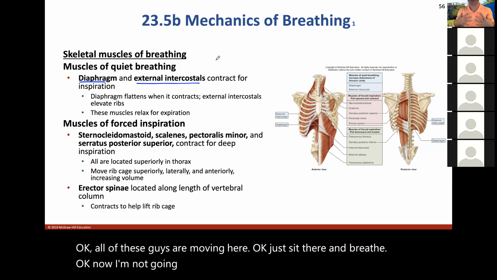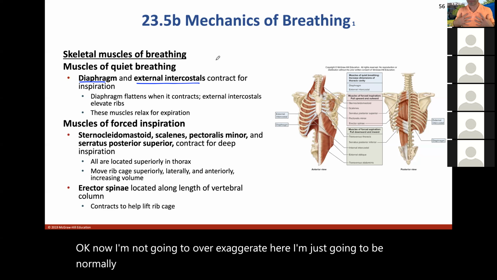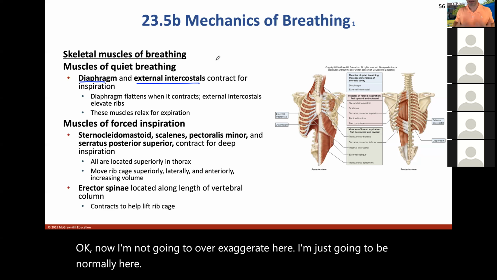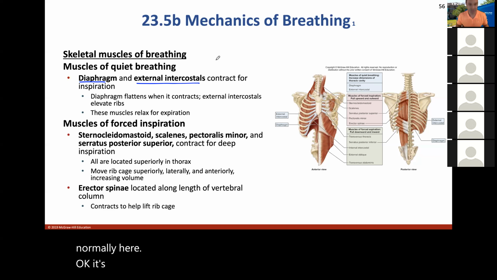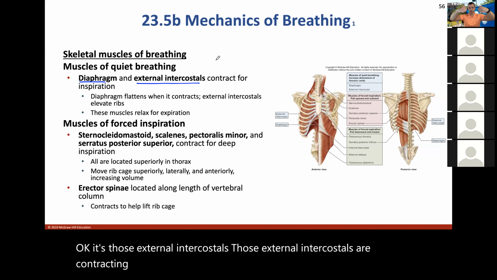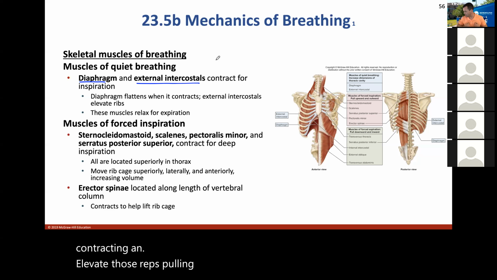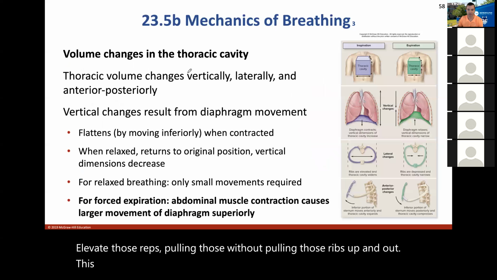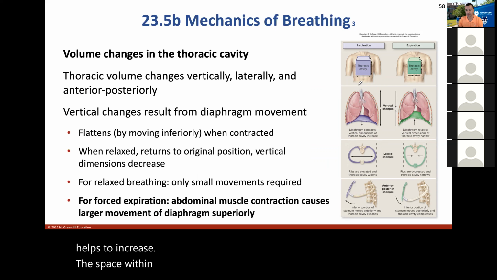I'm just going to breathe normally here. It's those external intercostals. Those external intercostals are contracting and elevating those ribs, pulling those ribs up and out. This helps to, as we'll see in a second, increase the space within the thoracic cavity.